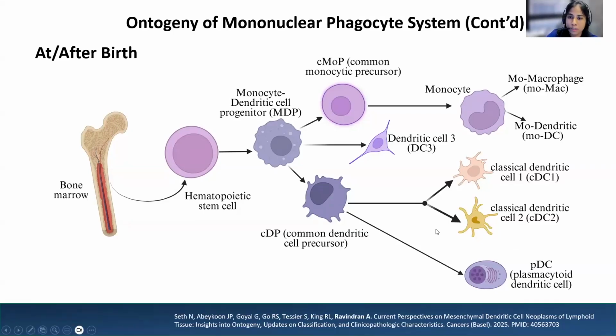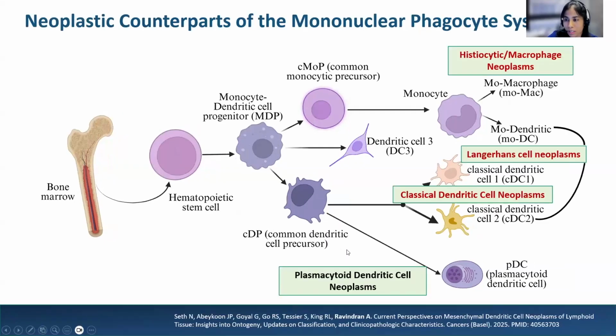It's important to understand this normal derivation of these immune cells, as these immune cells can have the potential to become neoplasms. And when they do, the key thing to note is that the cell of origin from which they derive, they take their name after, and we can employ the phenotype of this normal physiologic counterpart in diagnosing the neoplastic counterparts on tissue diagnostics.